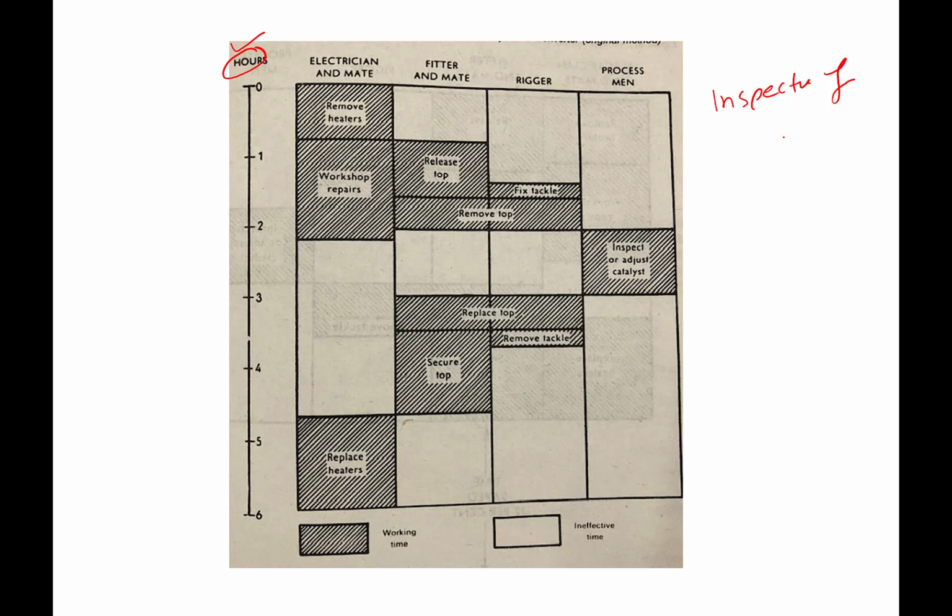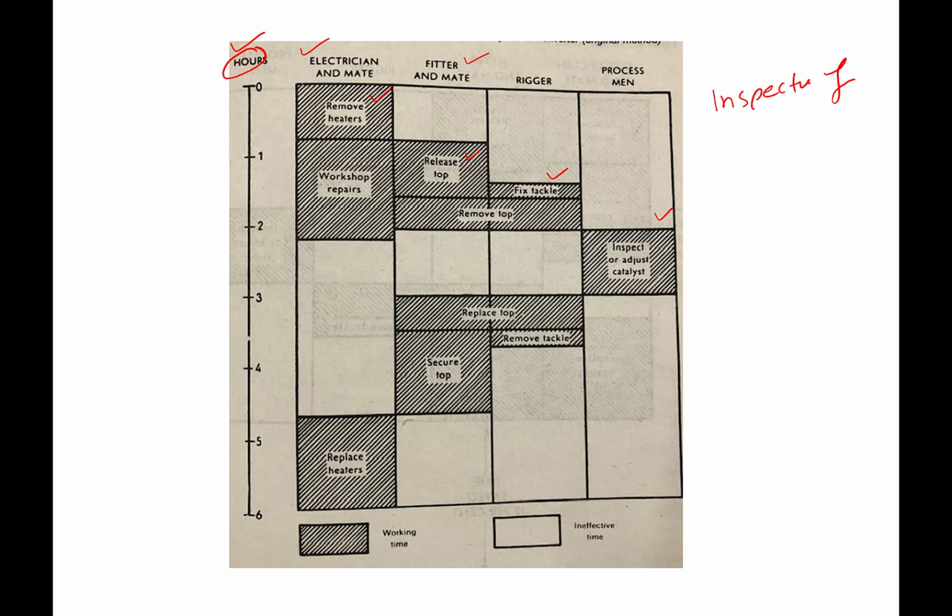The activities involved in inspection of the catalytic converter include: the electrician removes the heaters, then the fitter removes the top, fitter and his team, electrician and his team. Then the rigger fixes the tackle, and after lifting it, the processman inspects the catalytic converter.